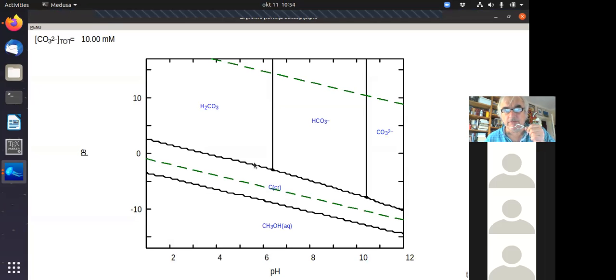The area where the elemental carbon is present got a larger part of the diagram, and then we get methanol down here instead. Perhaps this is a better representation for reality, or perhaps a worse.